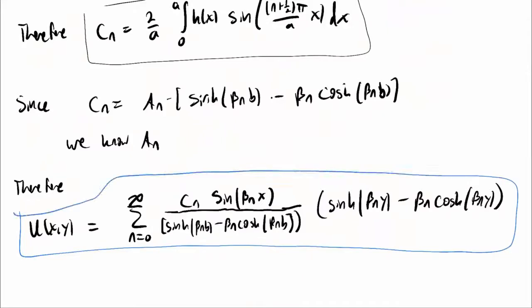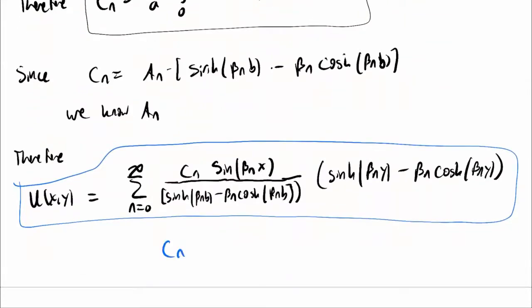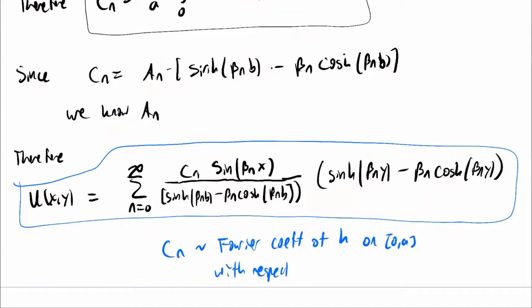So this is our final solution formula, where Cn is like the Fourier coefficient of h on the interval between 0 and a with respect to not quite the sine Fourier coefficient, but the Fourier coefficient with respect to sine of (n plus 1/2) pi x over a.